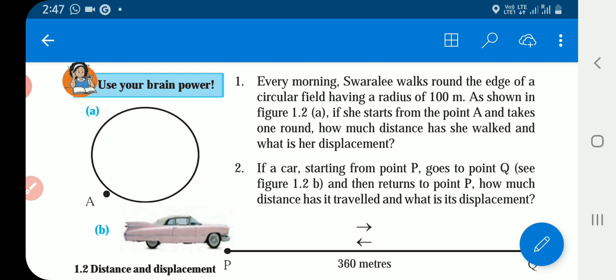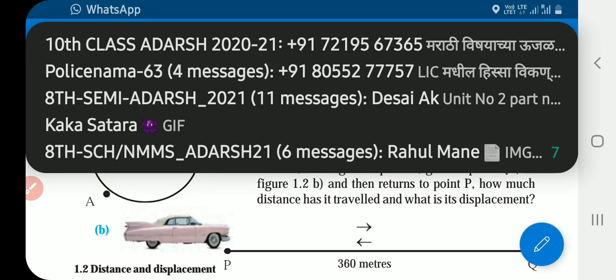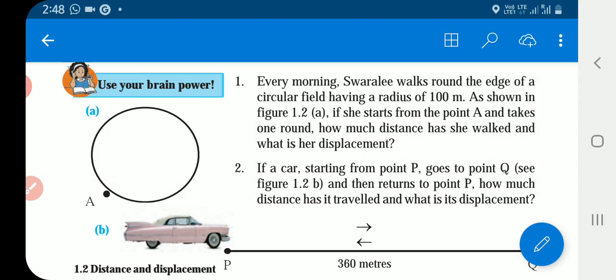Swarali walks around the edge of a circular field having a radius of 100 meter. If she starts from the point A, takes a round, how much distance has she walked and what is her displacement? Total distance is 100 meter, but the displacement is 0 here.